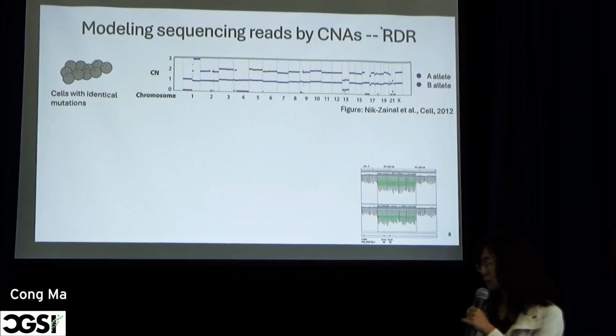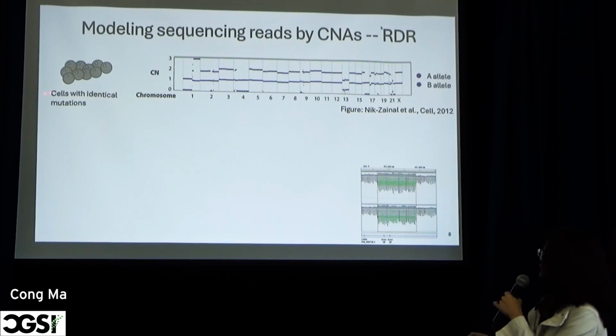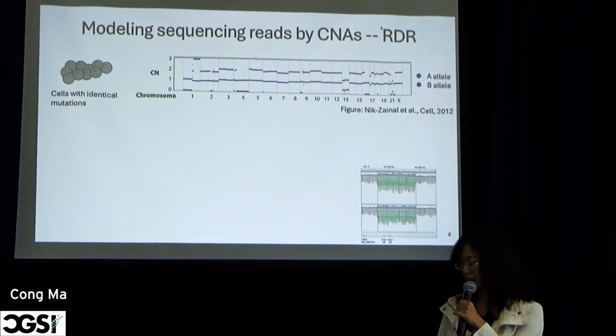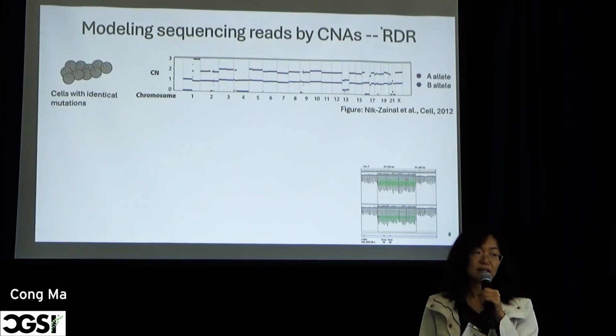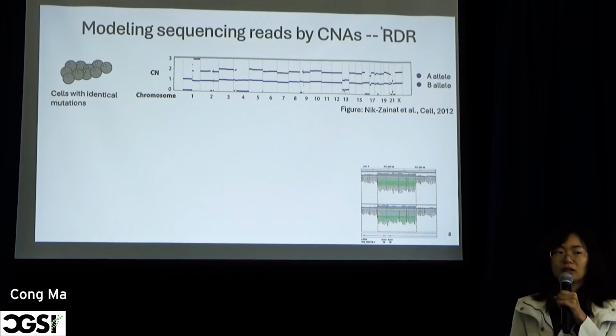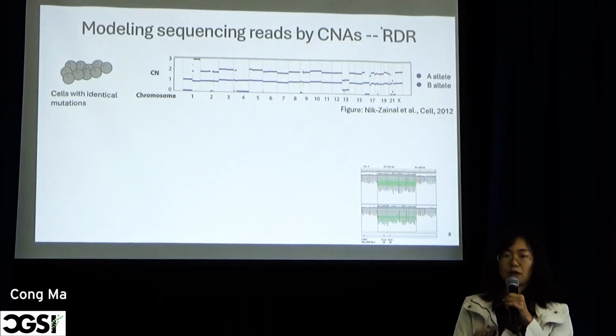Suppose we're doing sequencing on this group of cells, for example whole genome sequencing. What we may see is that if this region has a higher copy number, then it's more likely to sample a sequencing read from that region.